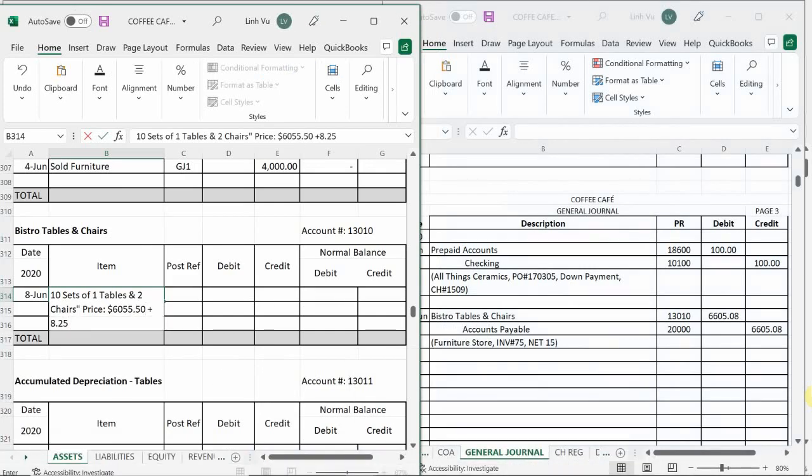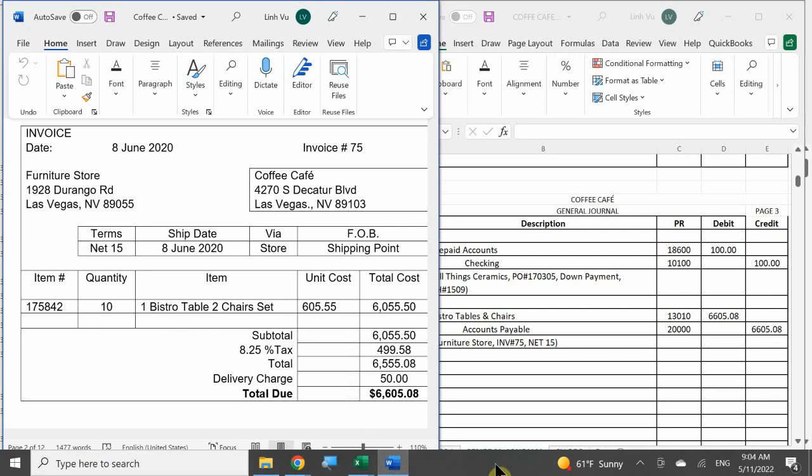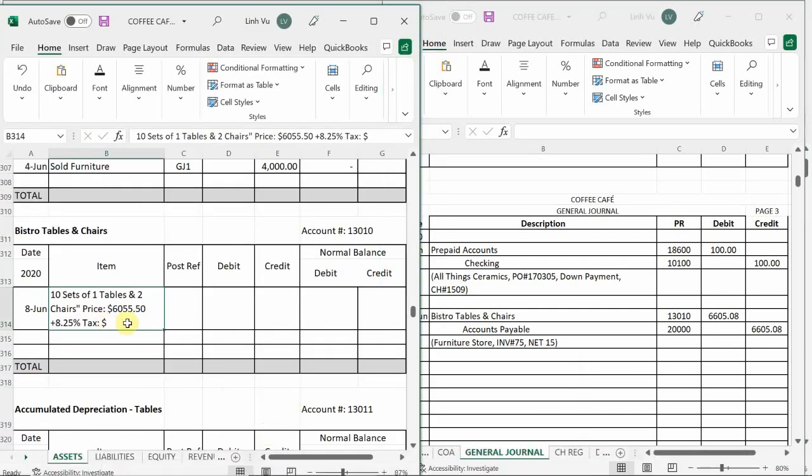I can't forget about the tax. Which gave me a total of $499.58, and shipping was $50. $499.58 plus $50 shipping.